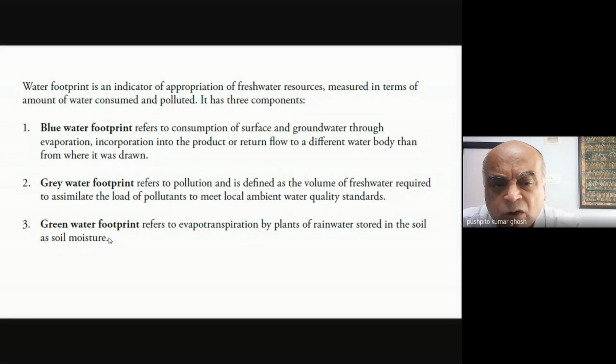And where is that water coming from? It's actually getting drawn from the soil moisture, and the soil in turn has to take the water from the groundwater. Or let's say you are gardening and putting in a lot of fresh water. You have to account for that water also. So all that refers to the green water footprint, mainly due to the evapotranspiration by plants.